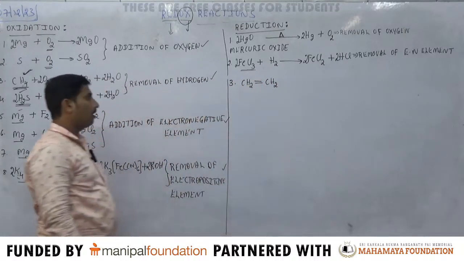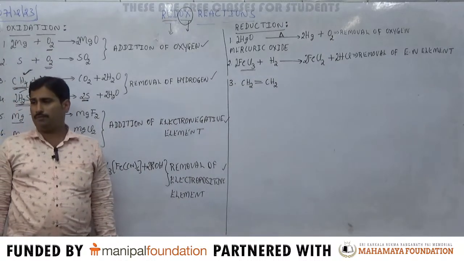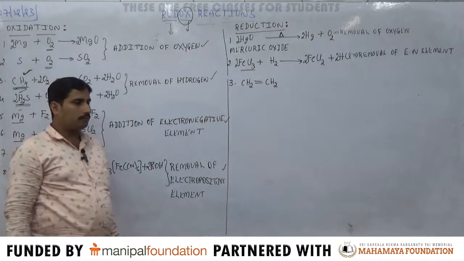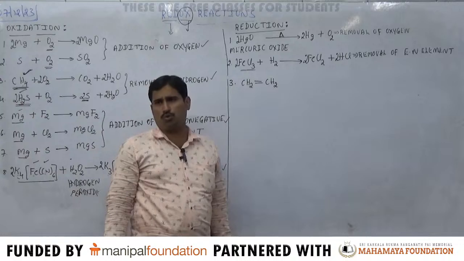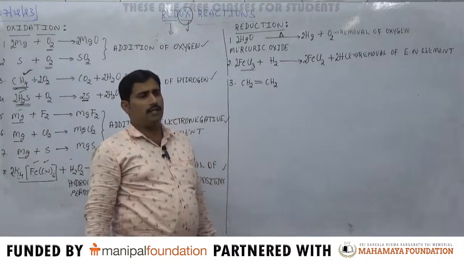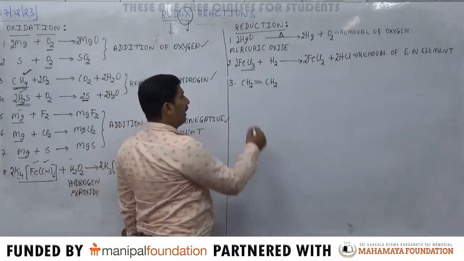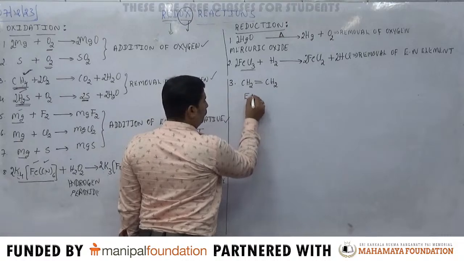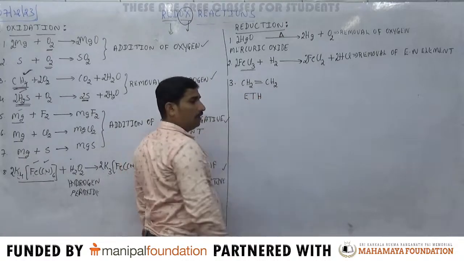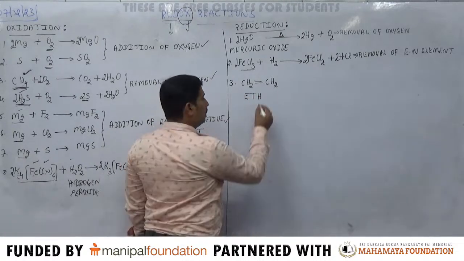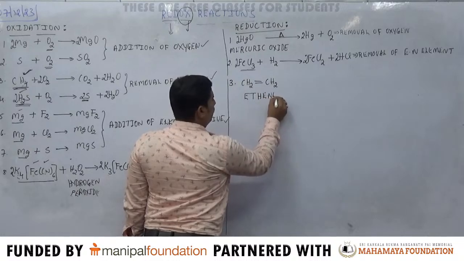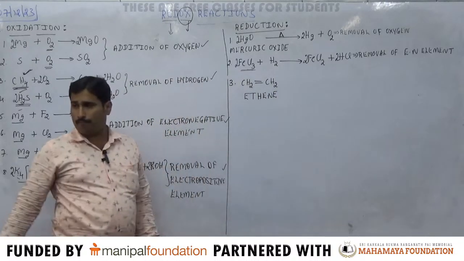Now, can you name this? Organic chemistry is over. It is ethene, correct? It is ethene. There are 2 carbon atoms, therefore eth, and then there is a double bond, so the suffix is ene, ethene.